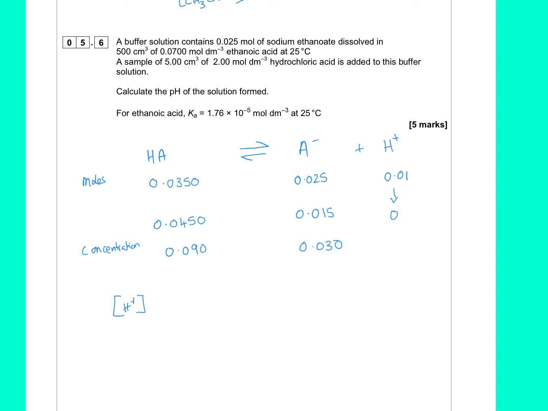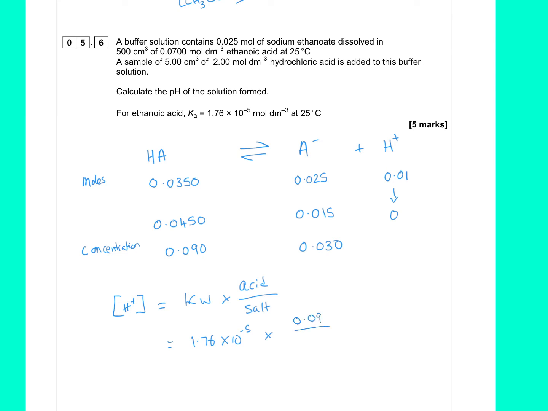And then we know that H plus is going to be equal to Ka times, and this is where we have acid over salt, so HA over A minus. So it's going to be equal to 1.76 times 10 to the minus 5 times 0.09 over 0.03.